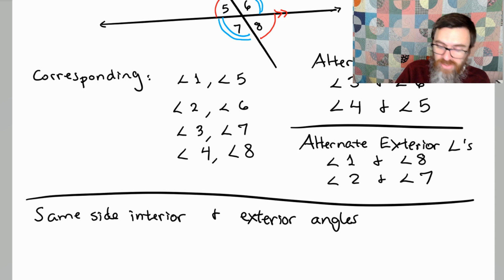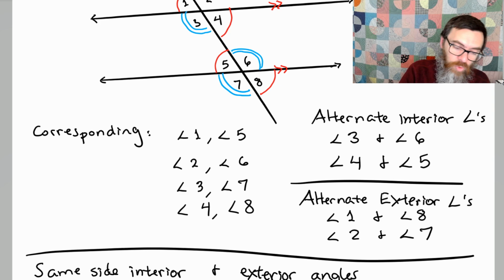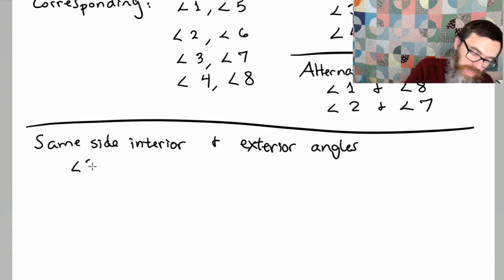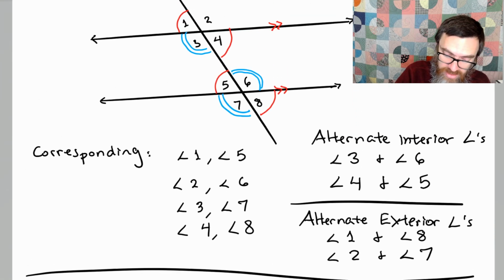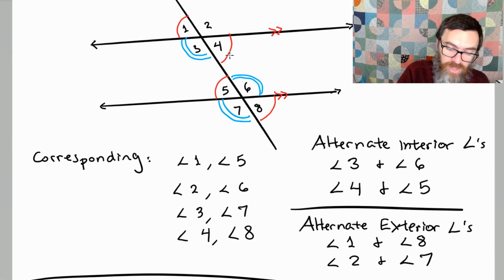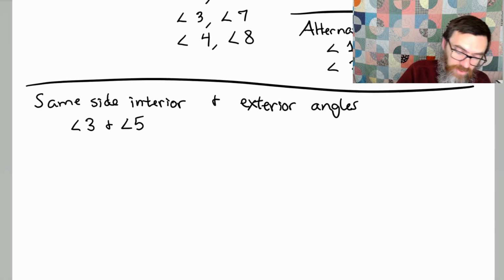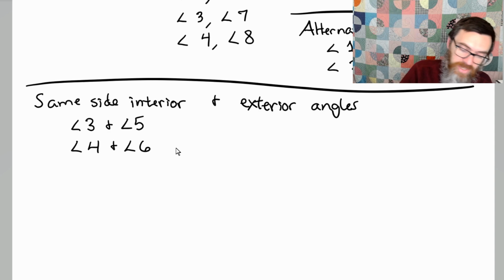So those are going to be guys that are on the same side of the transversal and either on the inside of the parallel lines or on the outside. So same side interior will be, say, 3 and 5. So angle 3 and angle 5 are same side interior, just like 4 and 6 are same side and interior. Angle 4 and angle 6.